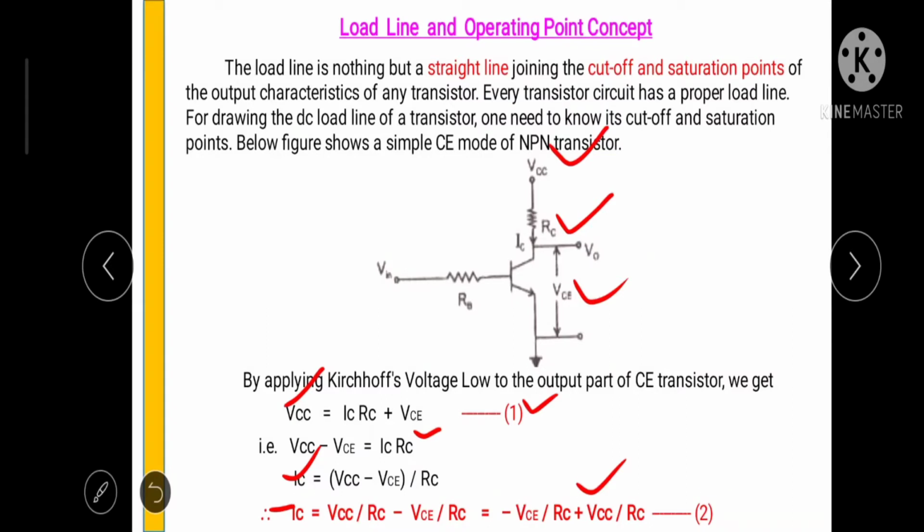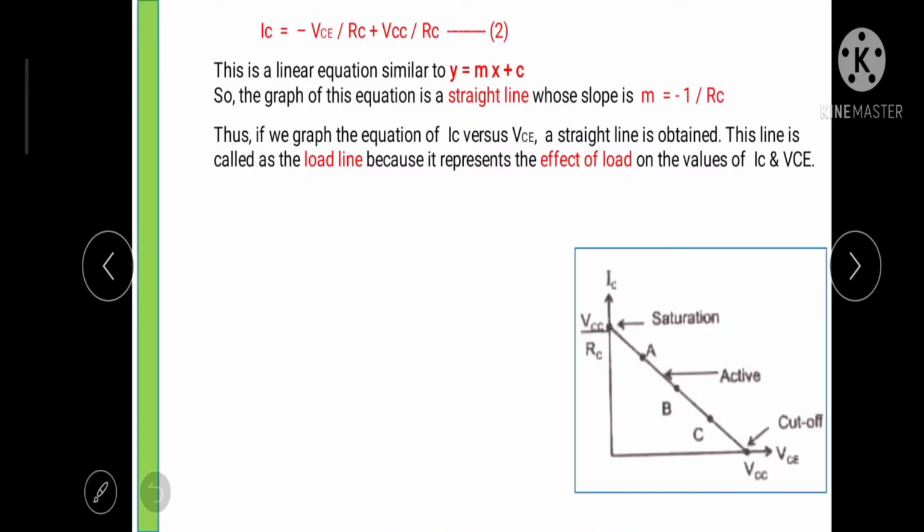Now this equation is more important for our further discussion. Try to concentrate on equation number 2: IC equals minus VCE upon RC plus VCC upon RC. This is a linear equation similar to y equals mx plus c. Actually, this is the equation of a straight line, so the graph of this equation is a straight line whose slope is m equals minus 1 upon RC.